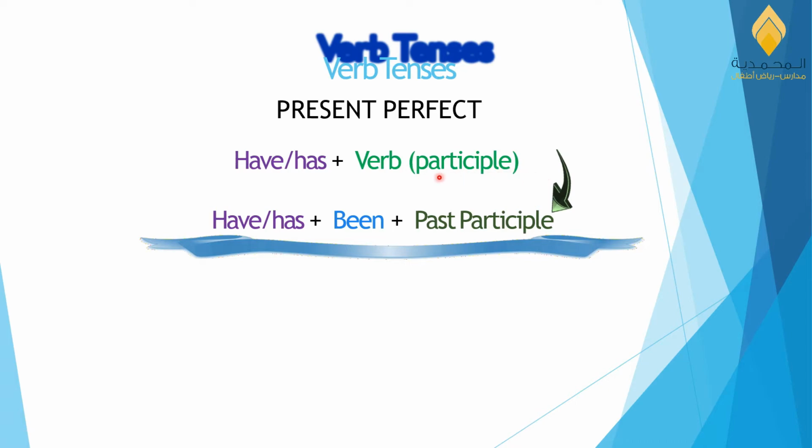So if I have a sentence in the present perfect tense in the active form and I want to change it into the passive, what do I do? I take the appropriate verb to be choice, which is have or has plus been, and I take the verb 3 of the main verb of the sentence. Let's have a look at an example.